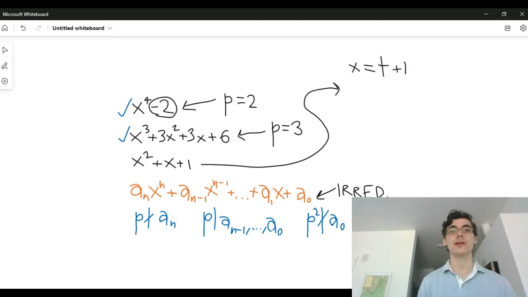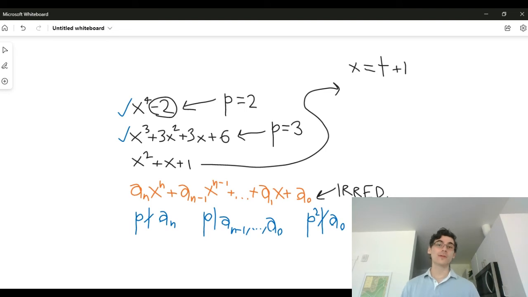a substitution. And this works when you want to prove that a polynomial is irreducible. If the polynomial as is not in a form that you can apply this criterion, you can make a substitution and try to replace it with a polynomial that does allow you to apply this instead.